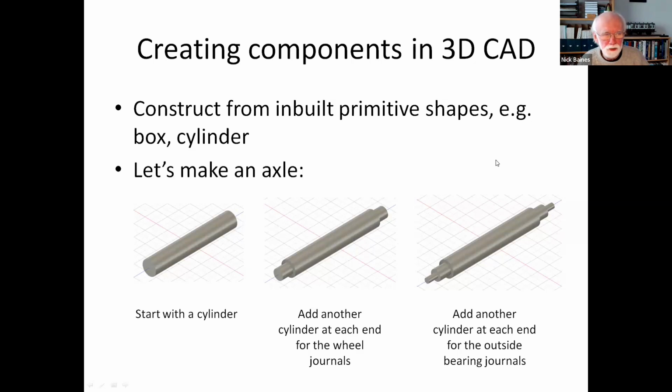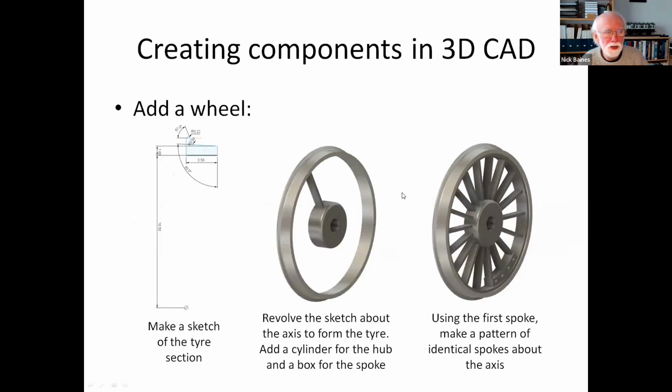If we want to put wheels on that axle, then it's a little bit more complicated because the tire of the wheel is a shape that's sufficiently complicated that we can't replicate it using boxes and cylinders and things like that. The tire has a defined shape. So what we have to do here is to make a sketch or a scale drawing of the tire to O gauge dimensions.